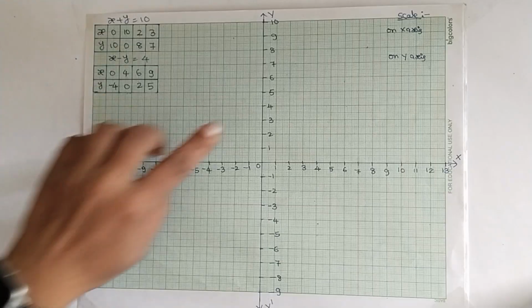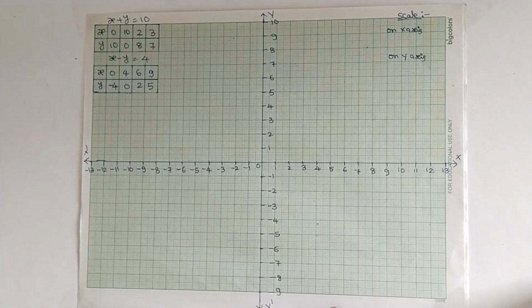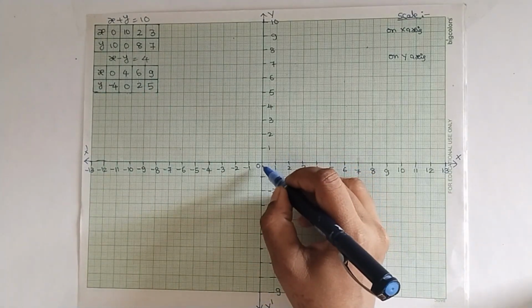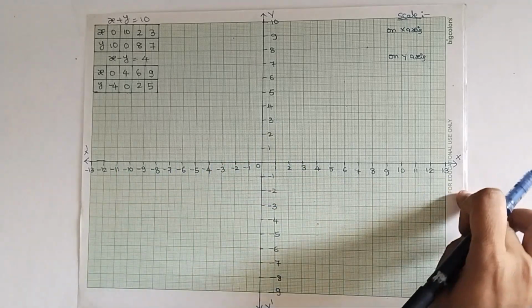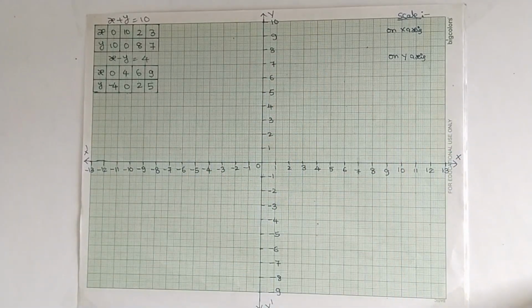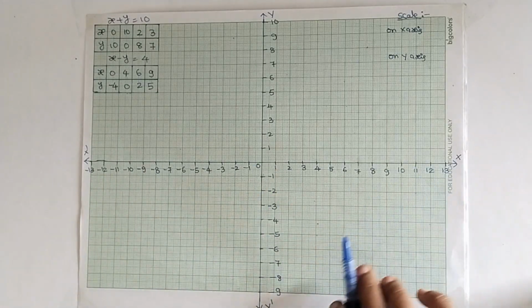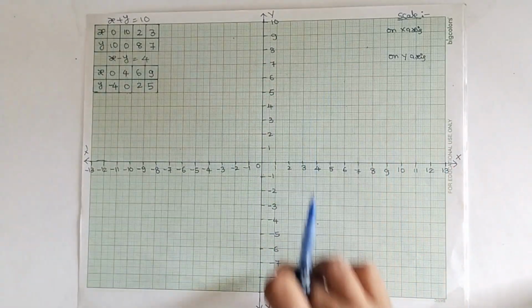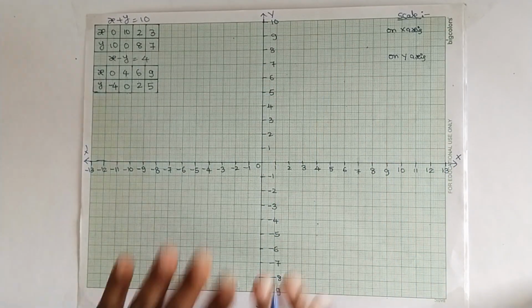Now on this graph paper, as you know, first of all, we plot the points on the x-axis. The horizontal line is called the x-axis, the vertical line is called the y-axis.